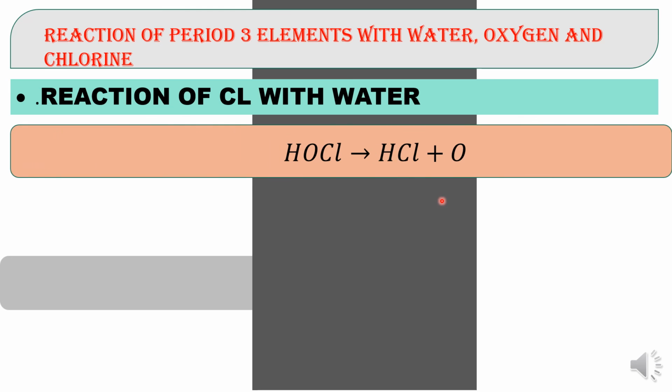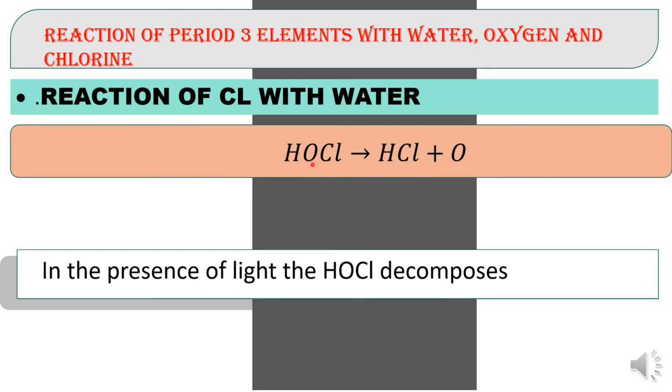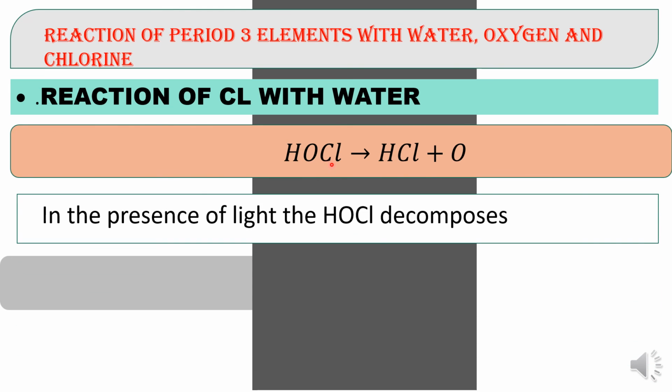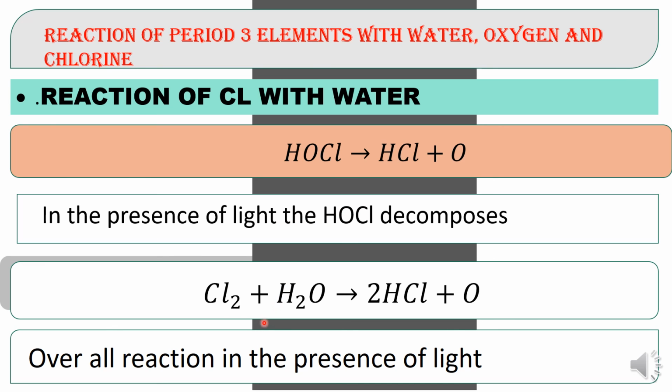In the presence of light, the hypochlorous acid decomposes into hydrochloric acid plus oxygen. In the whole reaction, 1 mole of chlorine reacts with 1 mole of water, so 2 moles of hydrochloric acid plus oxygen are formed. You can see the overall reaction here.